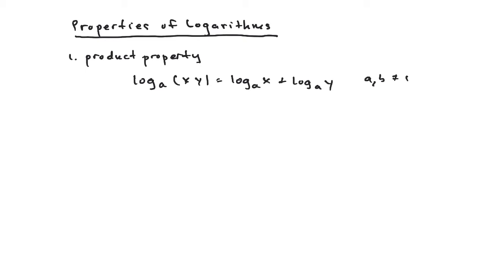Again, we have to make sure this only works when the values of the argument are in the domain of the logarithm. But if these values are in the domain, and their product is in the domain of the logarithm, then the log base a of x times y is going to be the log base a of x plus the log base a of y.